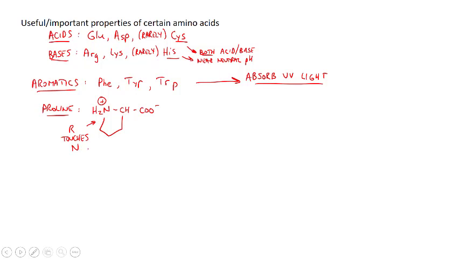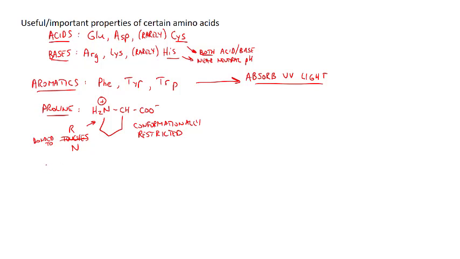All right, by touches, I should say bonded to. And so because of this, we actually have a ring that's a part of this main part of the amino acid here. And because of that, it's conformationally restricted. And that's going to come out to be important later on, as we will see.